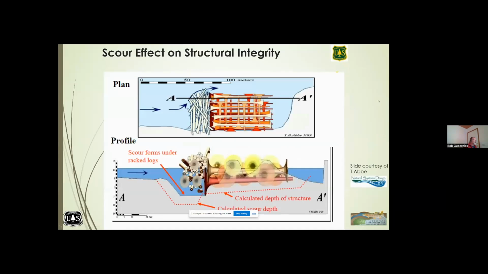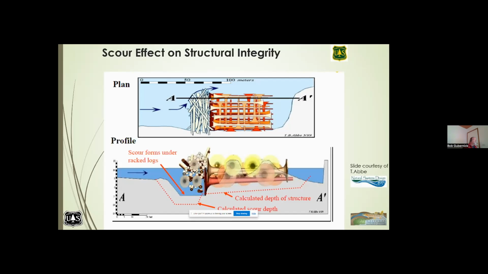Next one that you need to be concerned of is scour. Scour is very important because if you get too much scour underneath a structure or around a structure, you may have an overturning force that can cause the structure to fall in and rotate. The other thing that scour does is that it can cause your structure to start losing ballast materials.